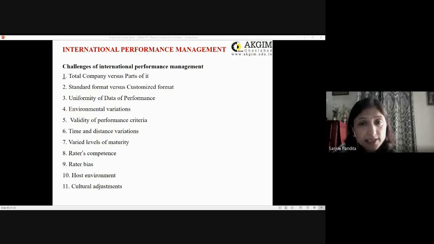So it is quite likely that these raters do not have experience of working in other countries, and they do not know what problems a person might be facing over there on social front, business and work challenges that foreign employees face. So it becomes doubtful if such a rater possesses the required competence to appraise the performance of expatriates. So again, one needs to analyze who is going to rate your performance.